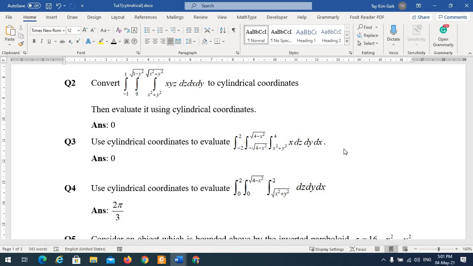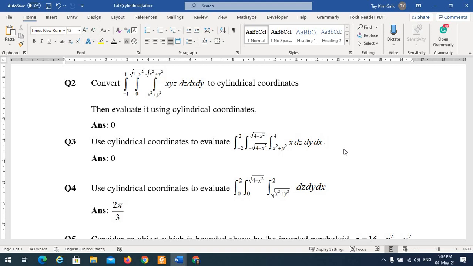And then from the limit of y and the limit of x, can you tell me what your region R actually is? What is the similar pattern to question 2? Yes, theta from 0 to 2 pi. So it is a circle centered at the origin with radius 2 units.